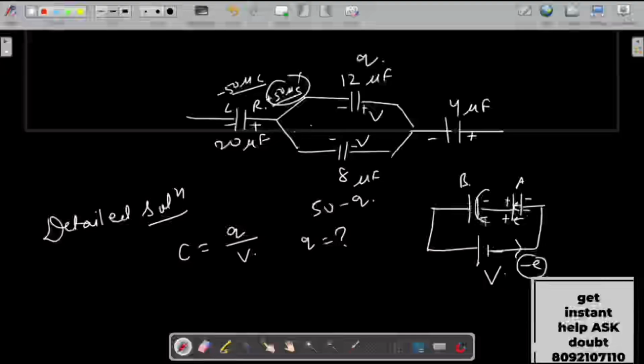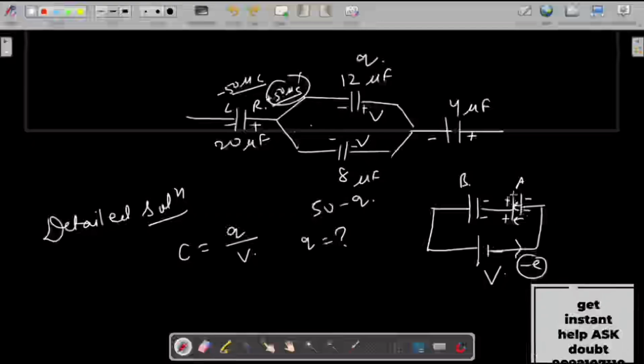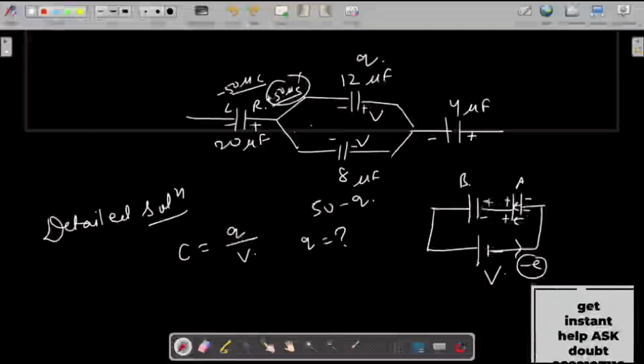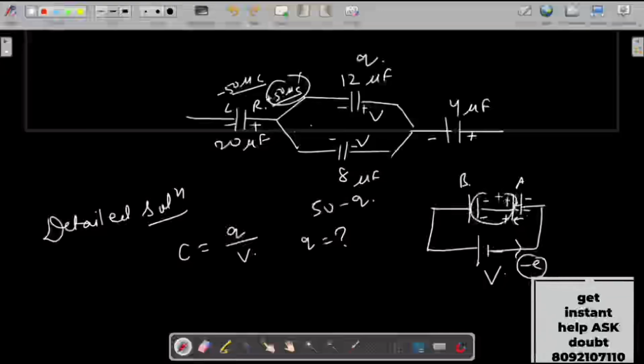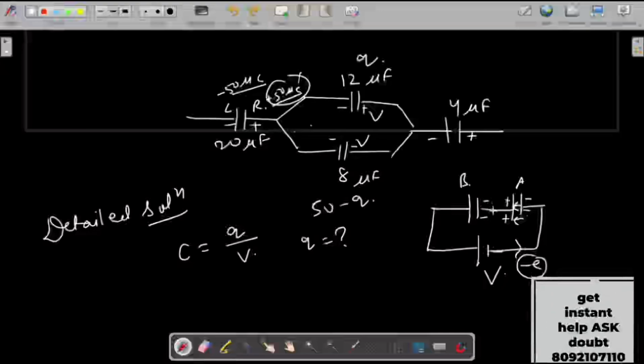Since this part, from the left plate of capacitor A to the right plate of capacitor B, was unattached, it was neutral.